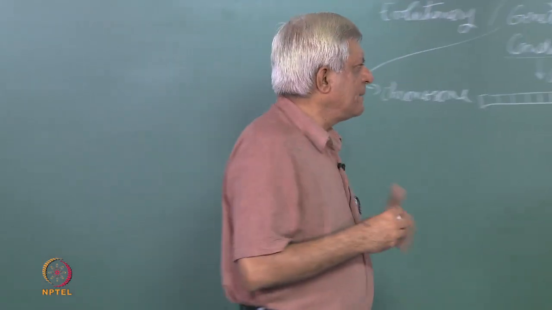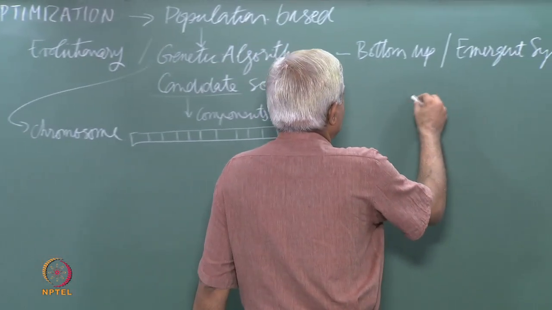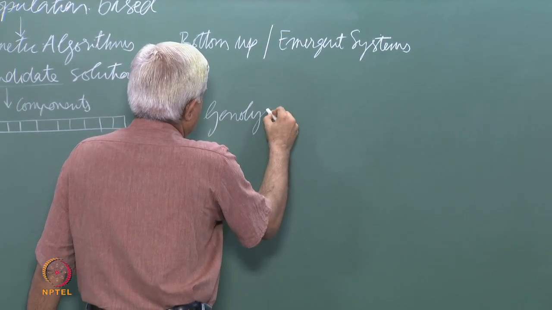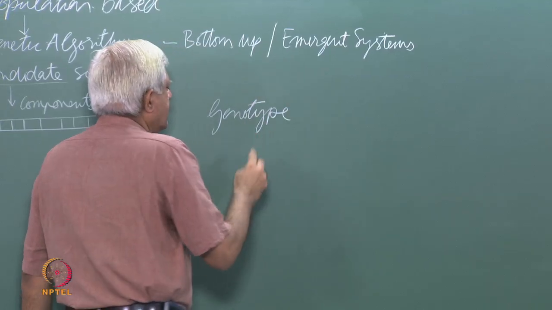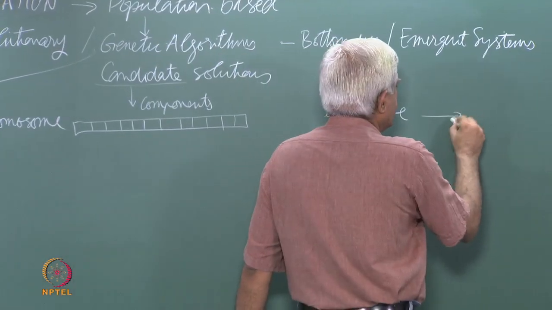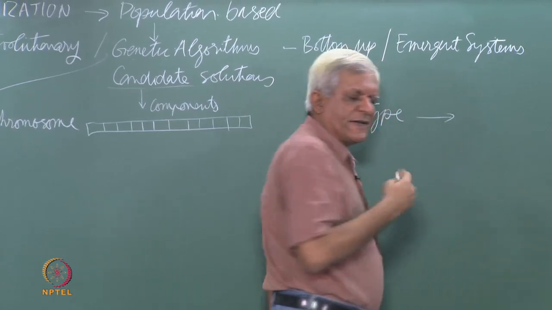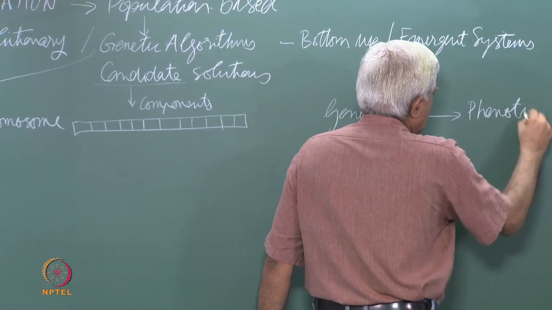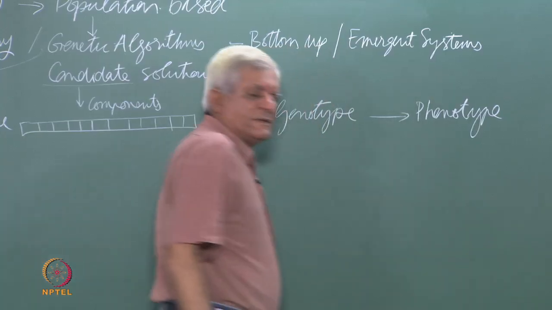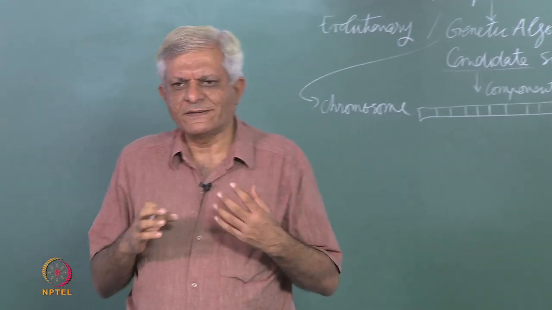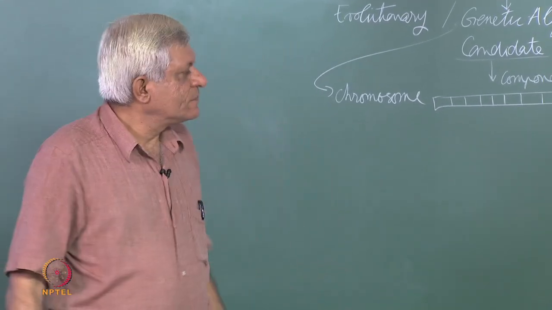We had mentioned in the last class that there are two things, one is the genotype, which is made up of the genes, and that decides the behavior of the phenotype, which is the individual or the creature participating in the real world.